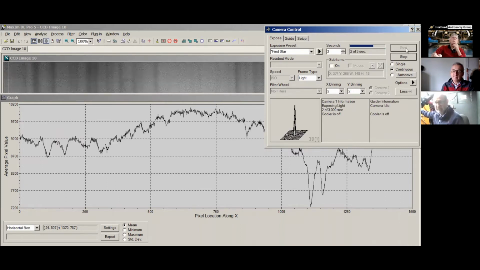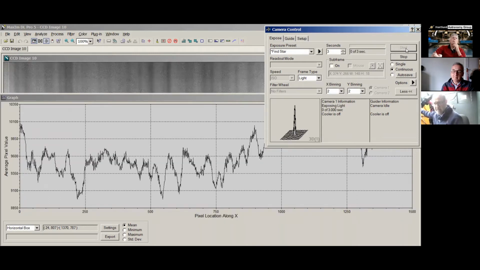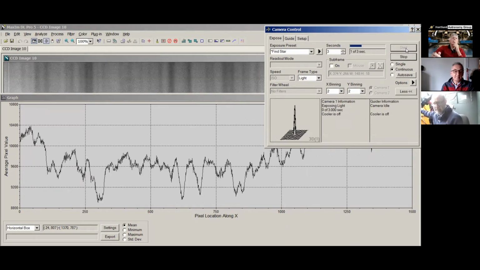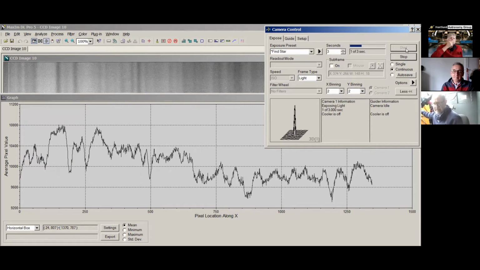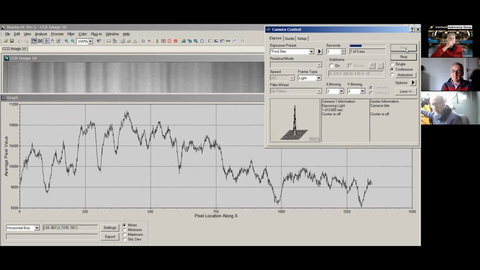I found when I've given these demonstrations in the past, 3 seconds is usually the optimum exposure, but for some reason it's not giving the best image, and it seems to be taking a little while to settle down.